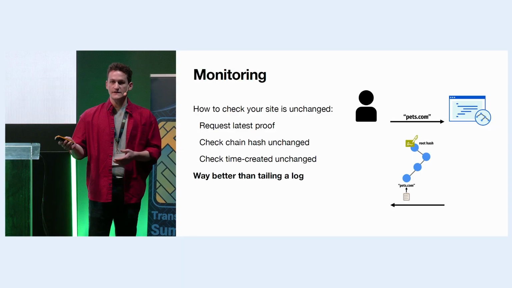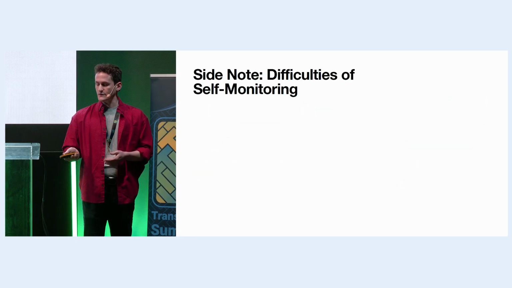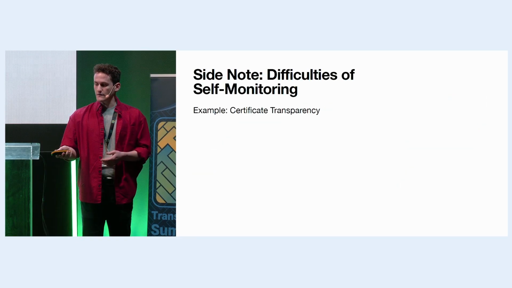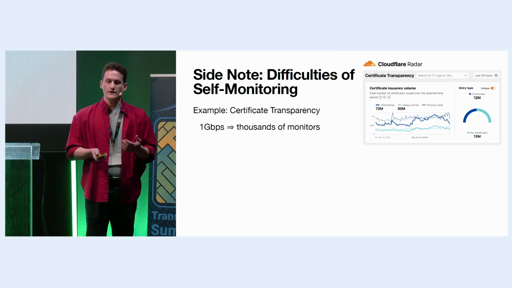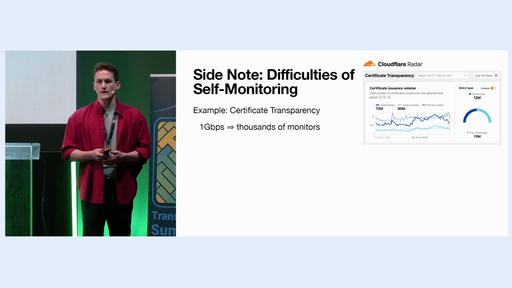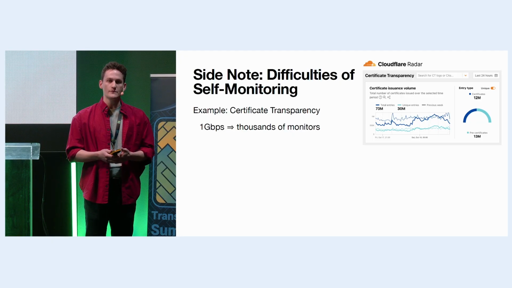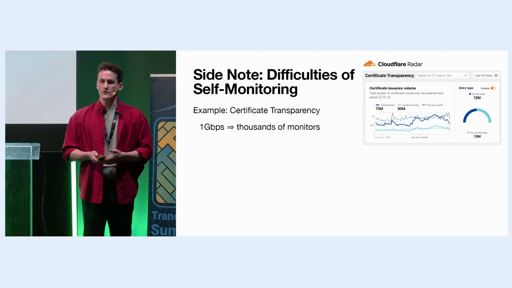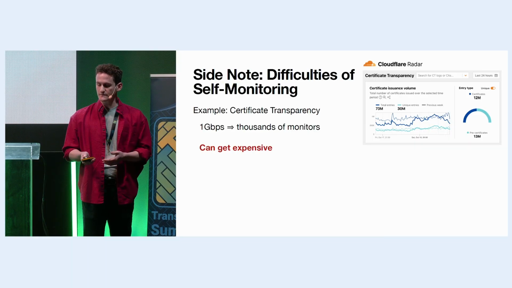This is significantly more efficient than the process of tailing a log. I'll describe this quickly. So in the certificate transparency case, as we know, tailing a log can be quite expensive for bandwidth. So if you only have a gigabit per second of bandwidth, you can support about a few thousand monitors.